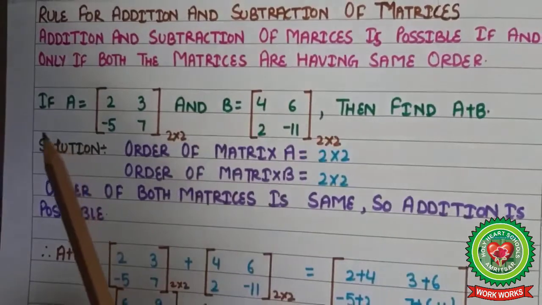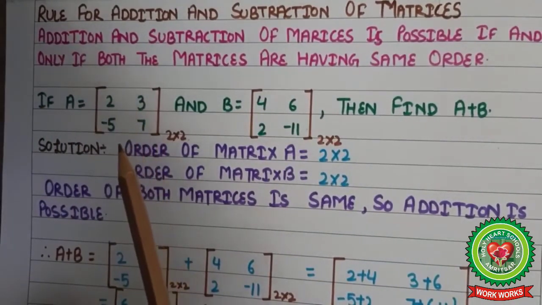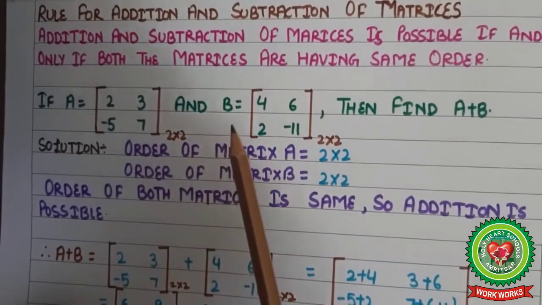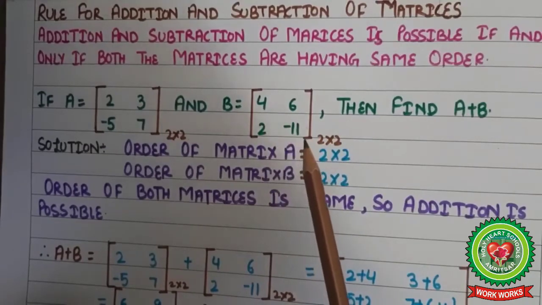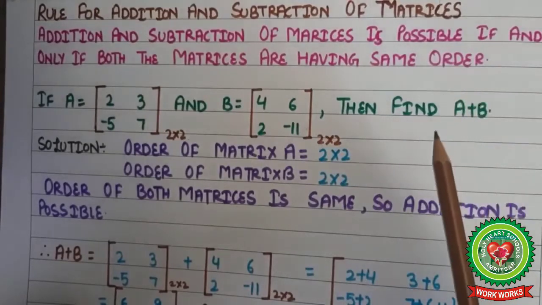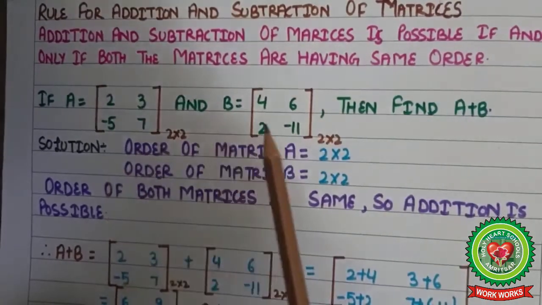Now this is the question. Statement is, if A equals 2, minus 5, 3, 7 and B equals 4, 2, 6 and minus 11, then find A plus B. Means we have to add both the matrices A and B.